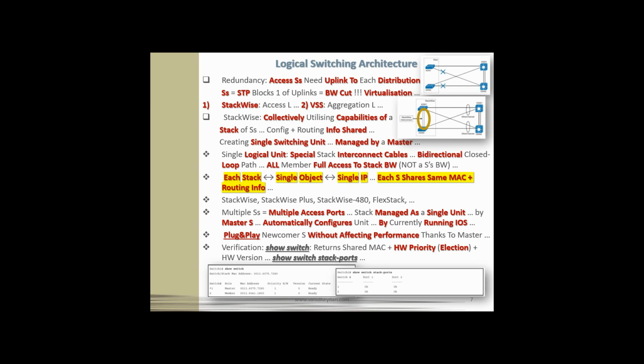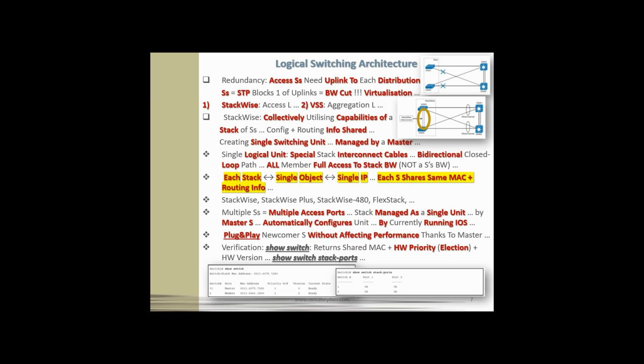And all stack members have full access to the stack interconnect bandwidth thanks to Stackwise technology. So each stack corresponds to a single object, and each stack corresponds to a single IP. Each switch in the stack shares the same MAC address and routing information, and we will see that later as well.